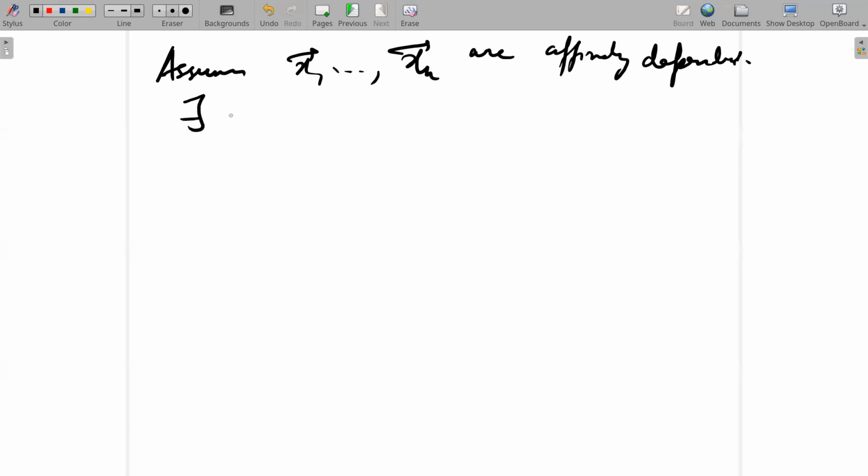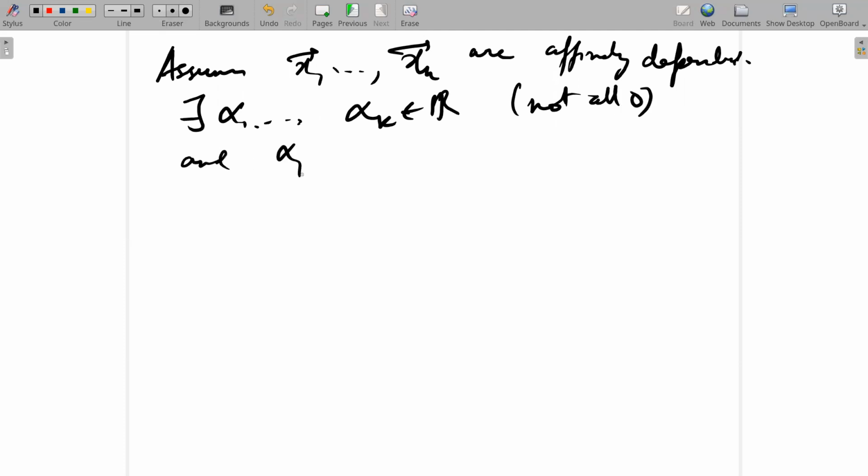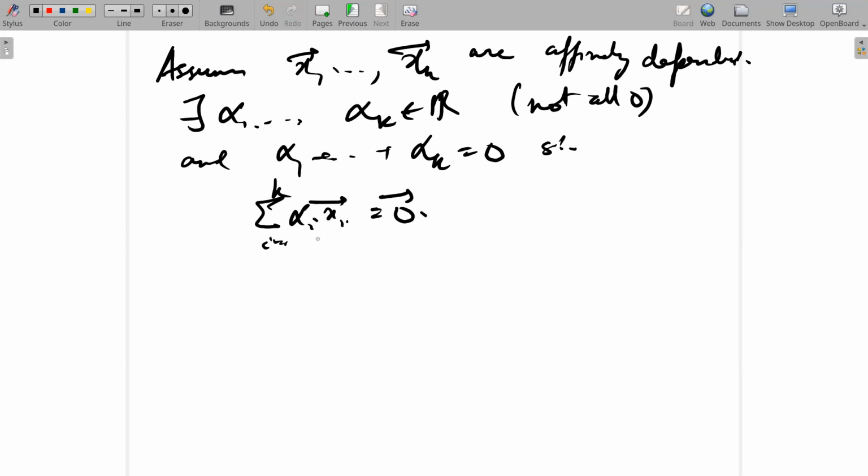Then there exist alpha 1, ..., alpha k in R, not all 0, and the sum of these alphas is 0, such that the summation alpha i xi, i equals 1 to k, is 0. That's what affine dependence means, right? Of course, if all of these are 0, then this linear combination is going to be 0. But affine dependence means you can choose them non-zero, so not all 0.